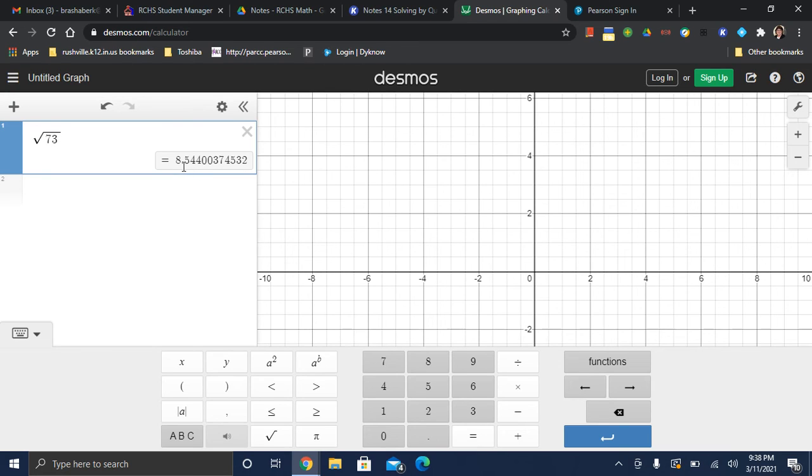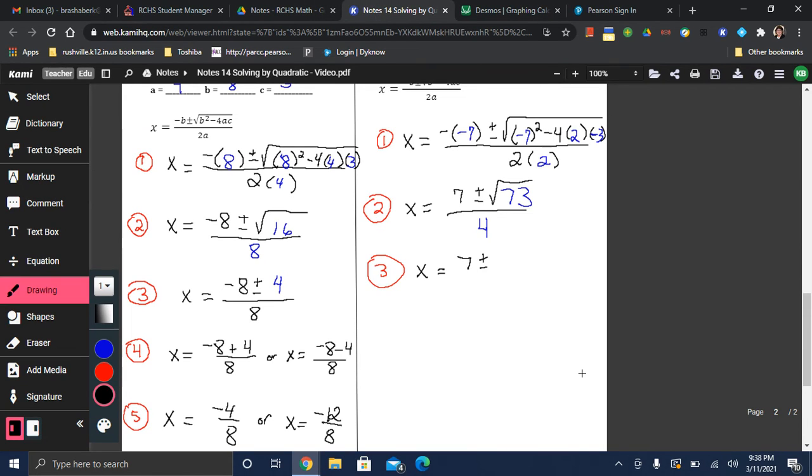So we'll keep this at 8.54. So 8.54 is our decimal that we'll be using for the square root of 73. So 8.54, and then this is over 4. So there's line 3.